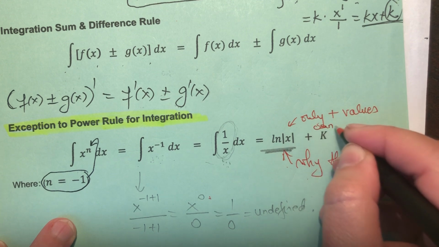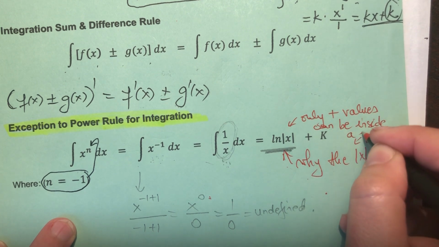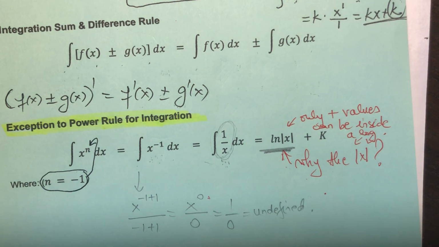Only positive values can be inside a log. So because of that, we need to make sure these x's might be positive, might be negative, we don't know. But when we take the antiderivative of it and we get that log, we do want to make sure those quantities turn out to be positive.